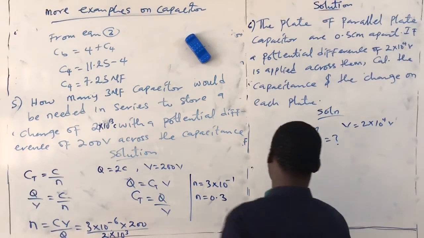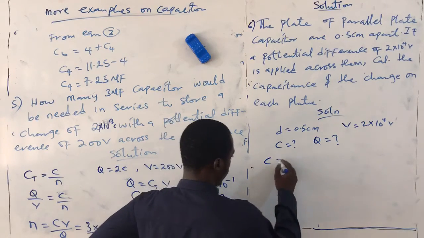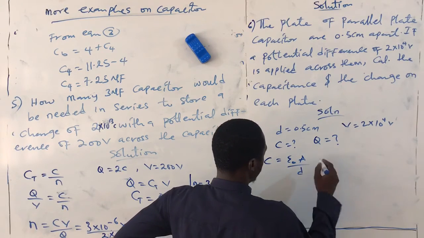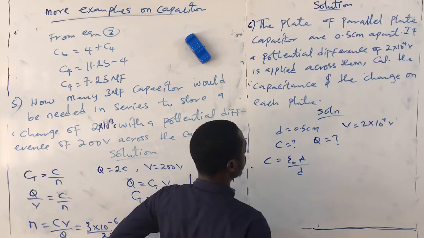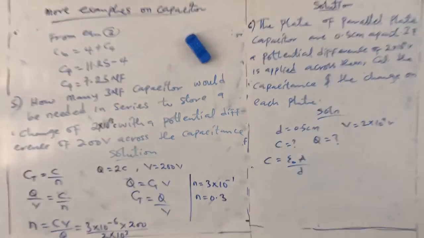Now, we know that the formula for finding the capacitance of a parallel plate capacitor is E naught A over D.